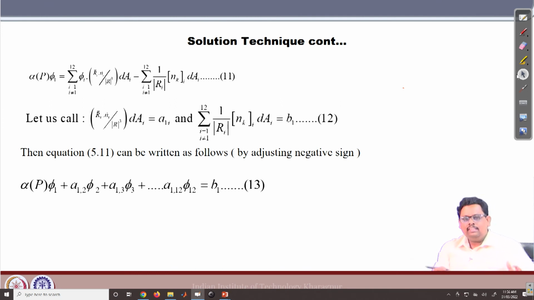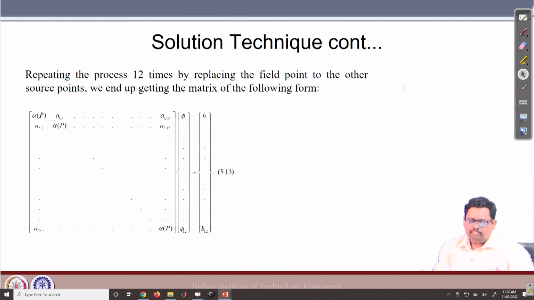Now, if I do this, then finally I am getting this system of linear equations. Now, in MATLAB it is a one-liner: you use the function solve, you can solve this equation and you can get all these values for phi 1, phi 2, phi 3 up to phi 12, right.